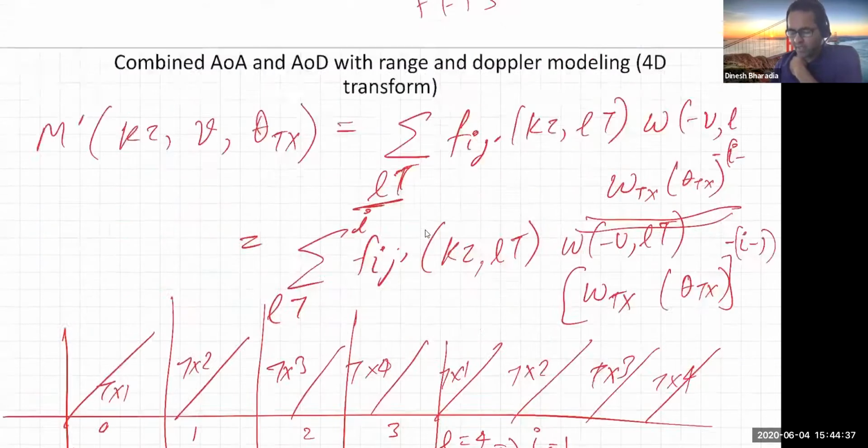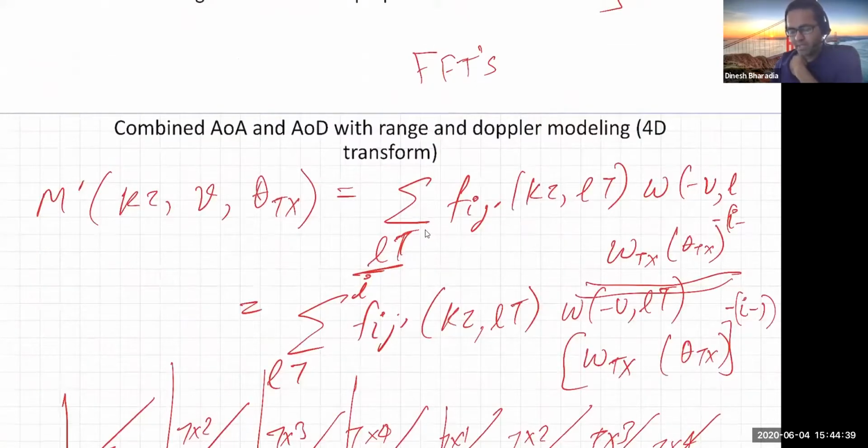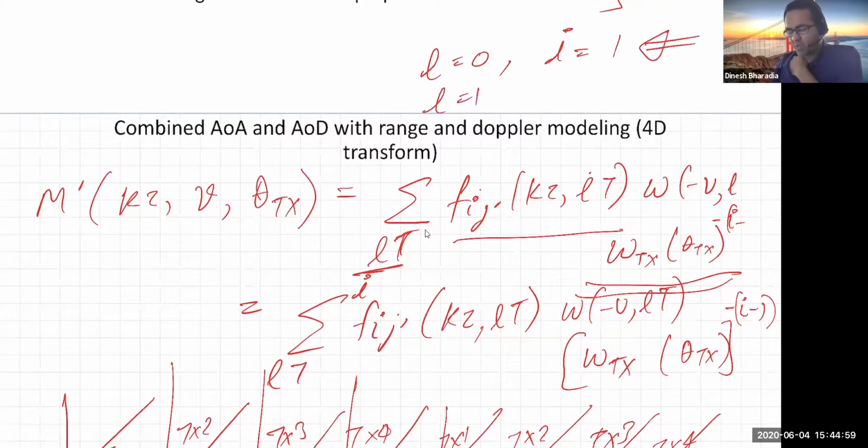More specific to the point, F_ij prime of k, tau. For each value of L, I is different. What is I for L? Let's say if L is 0, then I is equal to 1. How about L equals 1? I is equal to 2, this is transmitting 2.